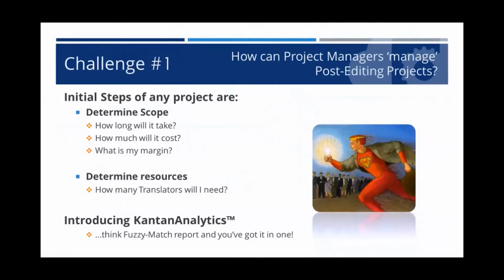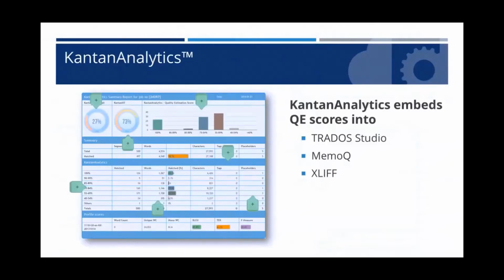Well, Kantan Analytics has a similar scoring system, which your project managers can use to determine how many translators we'll need to add to a project, how long it should take to finish that project, and more importantly, what is the cost of finishing that post-editing project. So for the first time ever, we've now been able to give project managers the business intelligence that they need to really schedule post-editing projects in a very deterministic way.